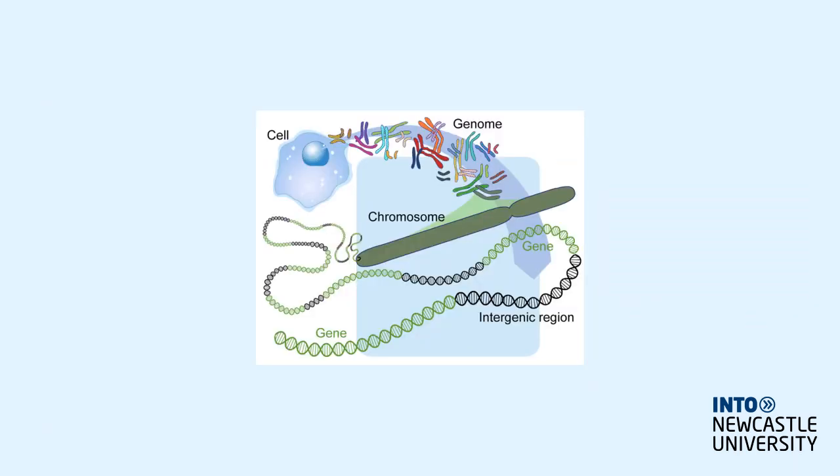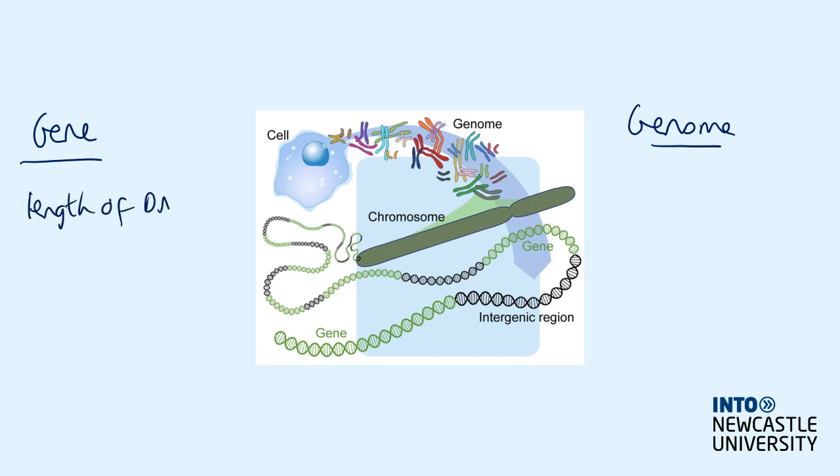Other pieces of information, definitions to think about, are the differences between a gene and a genome. A gene is the length of DNA that codes for a single protein. So one gene equals one protein.